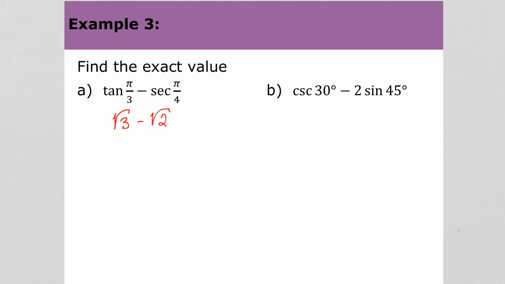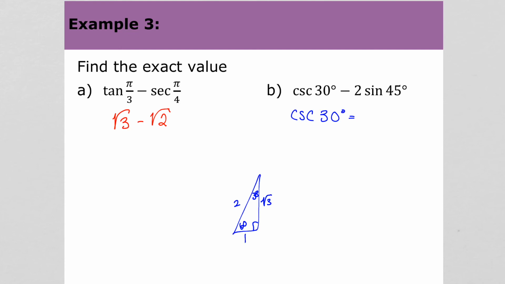And then part B, cosine of 30 degrees. Or, no, excuse me, cosecant of 30 degrees. What is that? Well, we need to find it. If we look back at our 30, 60, 90 triangle, opposite the 30 is 1, opposite the 60 is square root of 3, and the hypotenuse is 2.